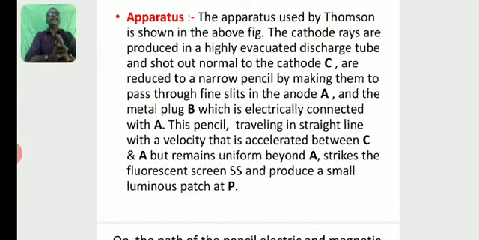Then the apparatus. What about the experimental arrangement, which are the elements required for conducting the experiment? The apparatus used by Thomson is shown in the above figure.